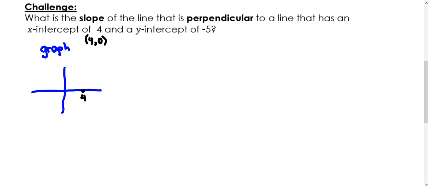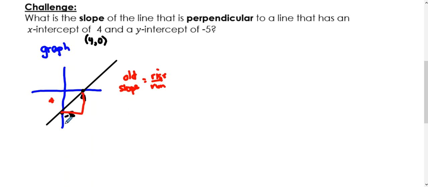And my point at y-intercept of -5 would be down here at -5. If I drew a line through that, my old slope of that line is equal to rise over run. Those are the things that we've learned in the past.